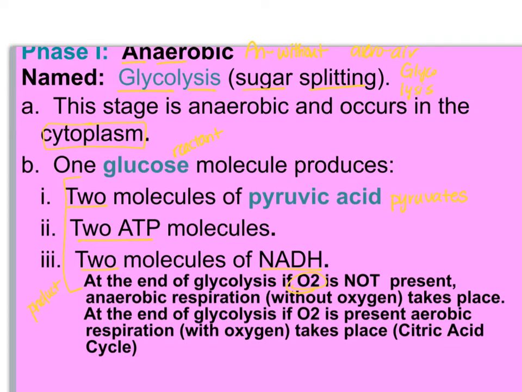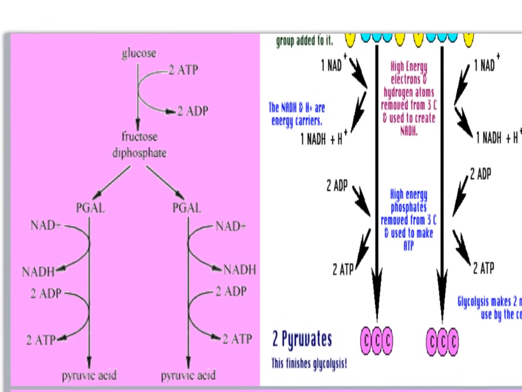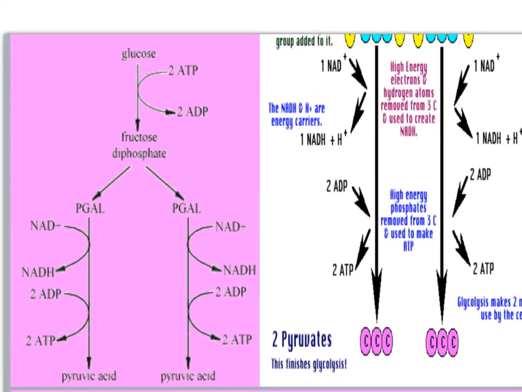So again, the first phase is always anaerobic. It does not use oxygen. This just shows a couple of pictures showing glycolysis. If you look up here, glucose is split, and eventually you get your 2 pyruvic acids and your 2 ATPs, and then your NADH.